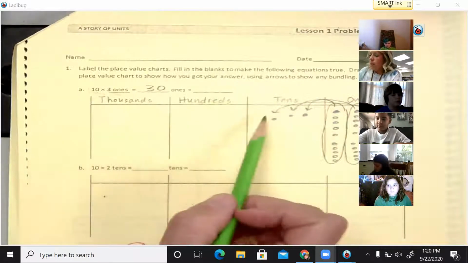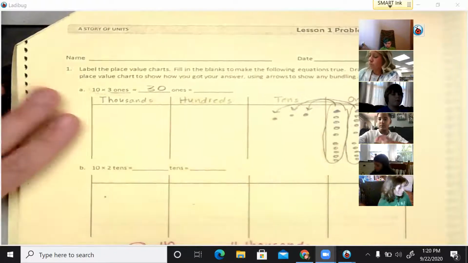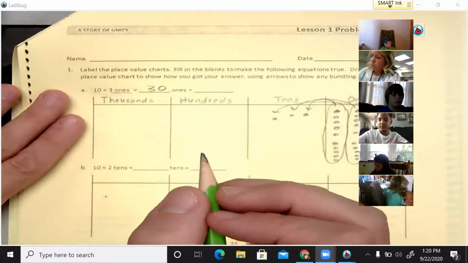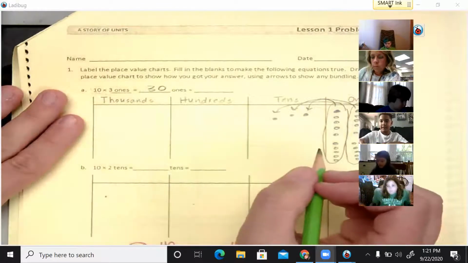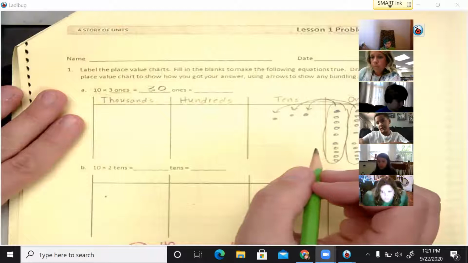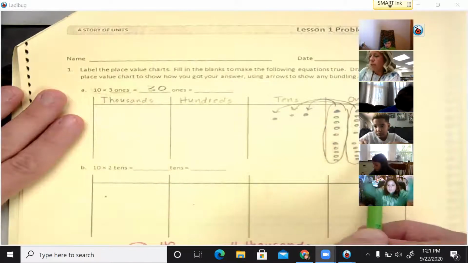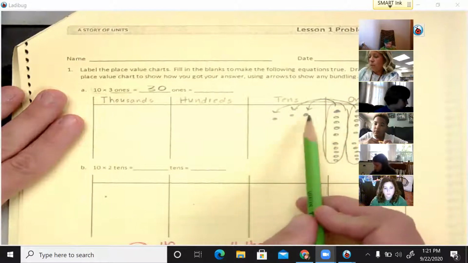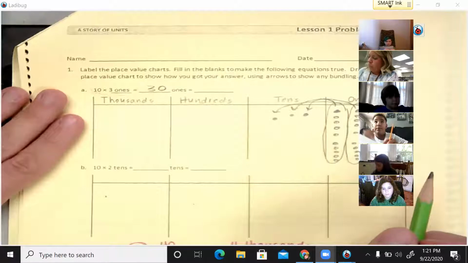Trace, finish this up for me. 30 ones equals how many 10s? So I had 30 ones, and I exchanged them for these 10s. So how many 10s do I have? 3.